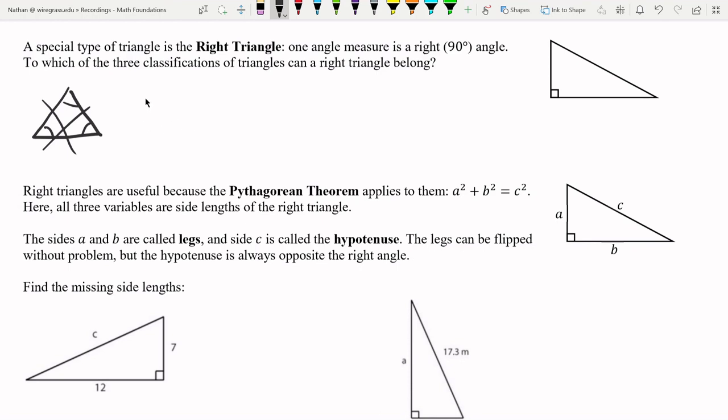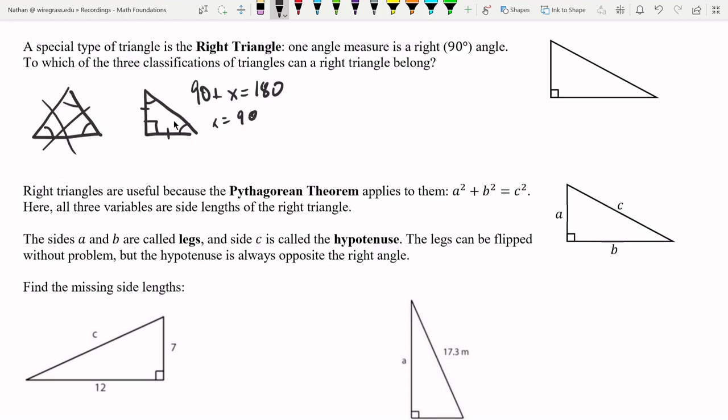However, I can create a right triangle like this, where these 2 sides are equal, therefore these 2 angles would be equal. And we can actually calculate those 2 angles, because if this is 90 degrees, 90 plus what equals 180? Well, that means that x equals 90 degrees.